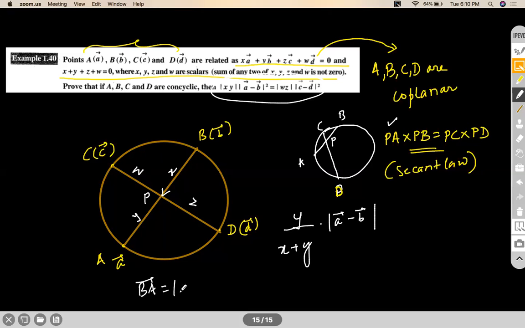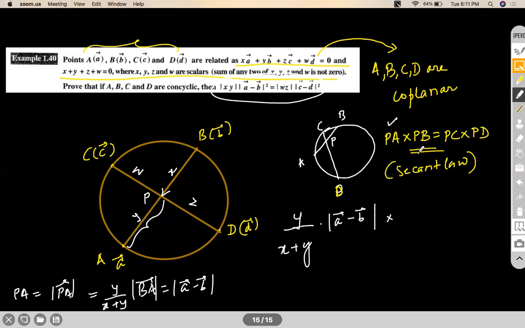BA vector will be A minus B. Okay, so mod BA will be mod B minus A, mod of A minus B. And this part is just y by x plus y times the whole thing, right? So this will be the length of PA vector, which is actually PA. Correct? So this part is y by x plus y, the whole length. That is what I have written.